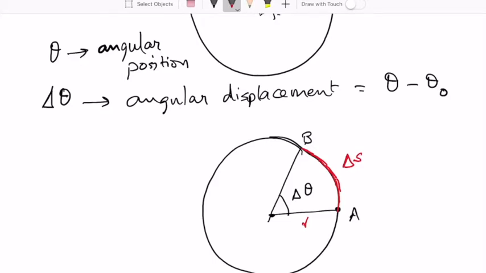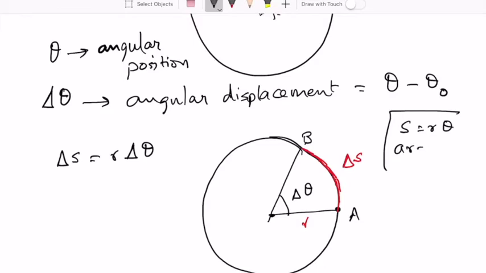The answer is delta S is given by r delta theta. And you might have seen this formula before. It is just the arc length formula. You might have seen it in the form S equals r theta, which is sometimes called the arc length formula. So we are basically just using the arc length formula, except that we are calling the angle delta theta and the distance, the arc length, delta S.